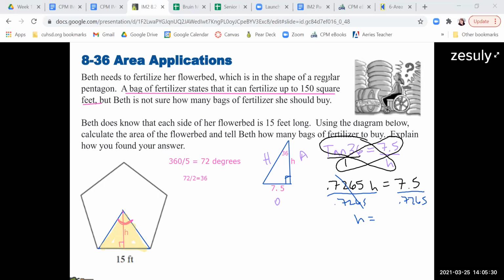And we get 10.32. Okay, so there's our height. So now we can go back to this original diagram. This is 10.32 for our height. And this now means we can find the area of the triangle.